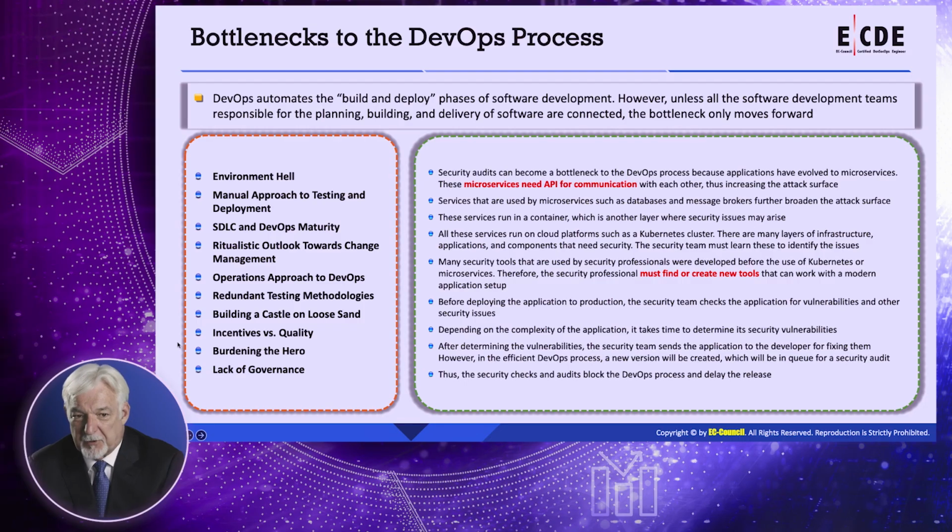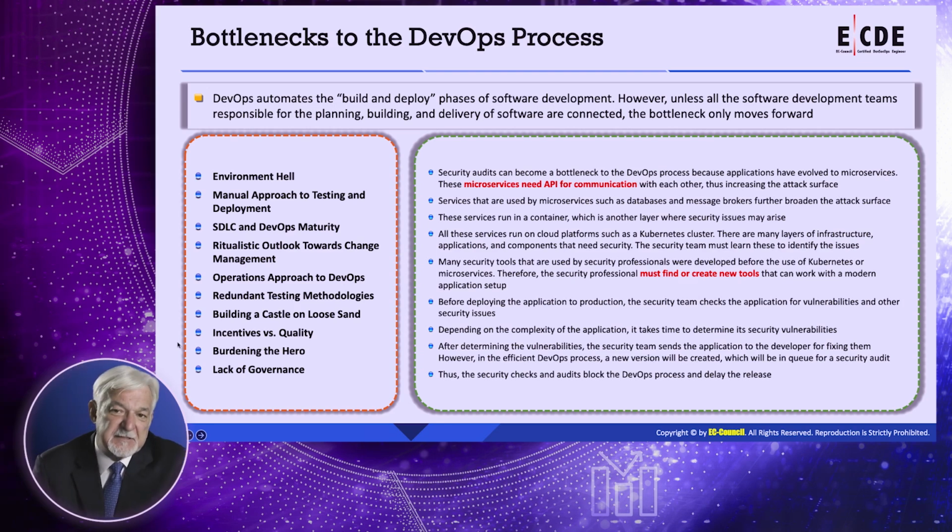On the left, you see some problems that organizations generally run into when we talk about development environments. But basically, security steps in as potentially another issue here. Security audits can become a bottleneck to the DevOps process because applications have evolved into microservices.